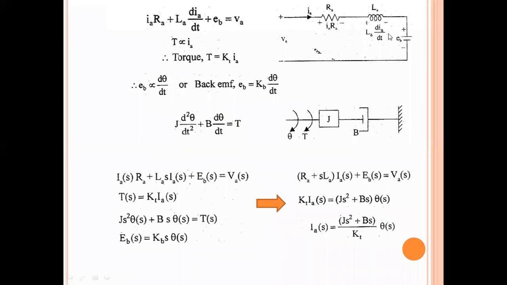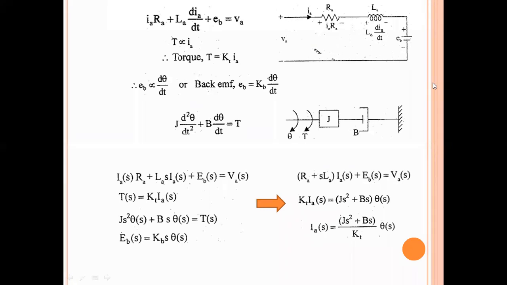This back EMF direction opposes the supply voltage direction, right? This equivalent circuit diagram you have seen in the machines one subject also. So the armature circuit is represented in electrical form like this. This is the equivalent circuit diagram of the armature circuit.